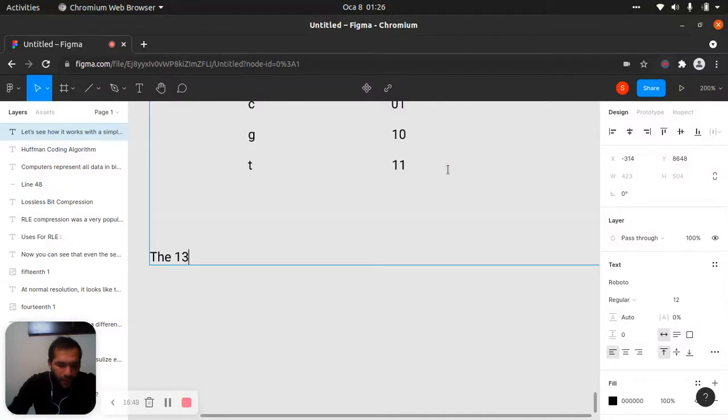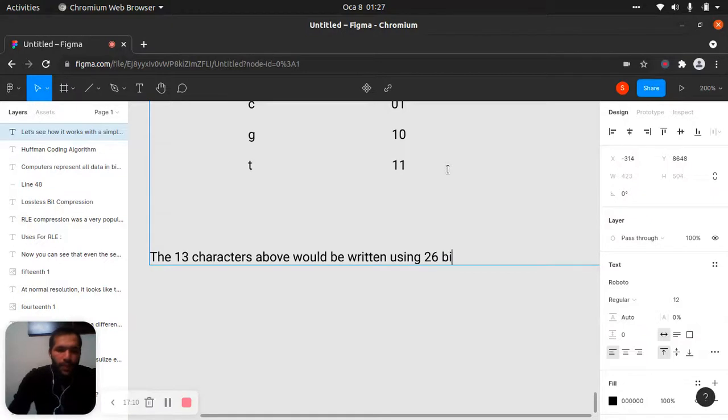The 13 characters above would be written using 26 bits.